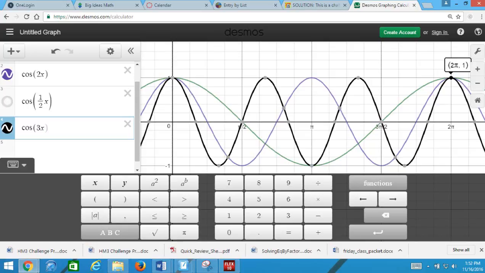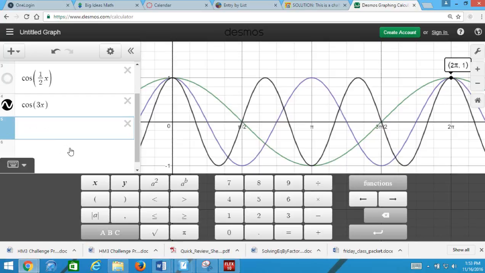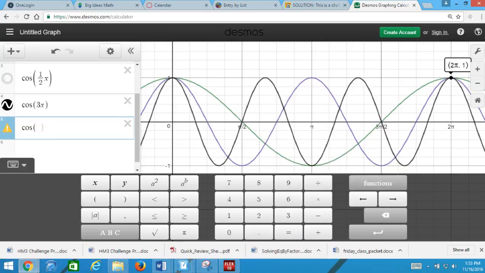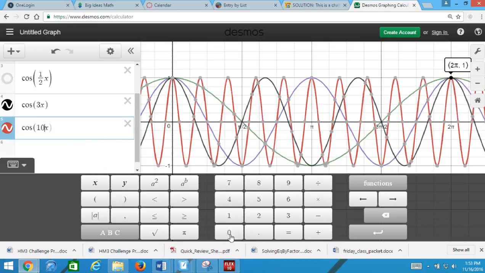So guess how many x-intercepts there would be if I did cosine 10x. You don't have to type it in. You should be able to follow this pattern. How many would there be if I had cosine 10x? Yeah, there are 20, because we took 10 full cycles and squished it in between 0 and 2 pi.